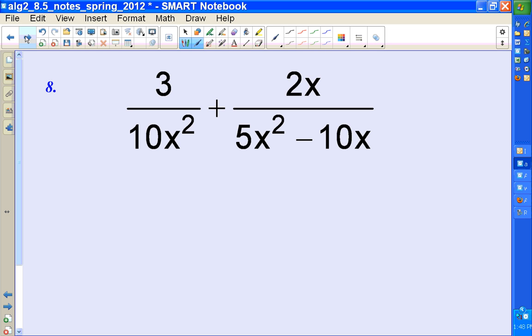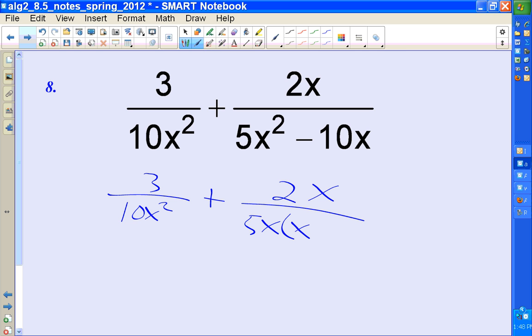The right-hand fraction, the one over here, is not in factored form. You need to make sure your denominators are factored, and to be honest with you, you should make sure your numerators are typically factored also in case you can reduce. The 3 over 10x squared and the 2x over 5x times x minus 2.